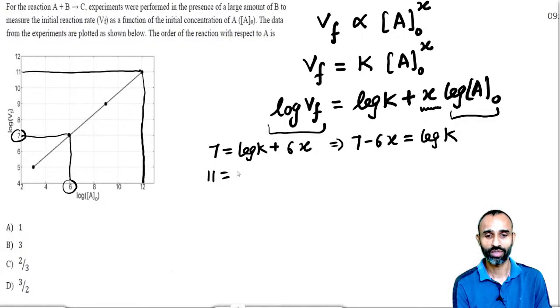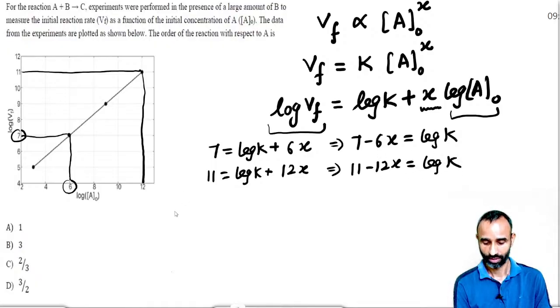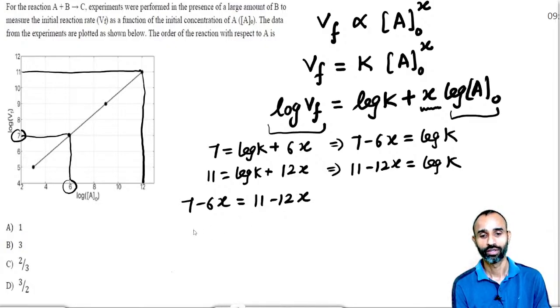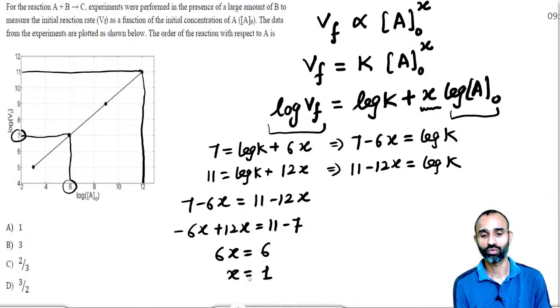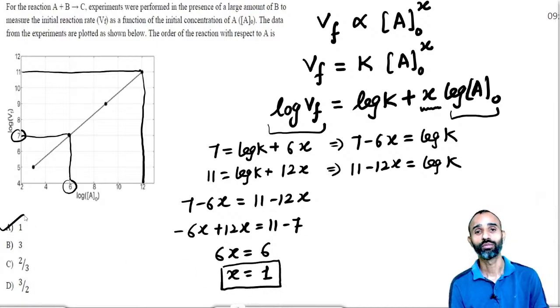So 11 equal to log K plus 12x. That implies 11 minus 12x equal to log K. So 7 minus 6x equal to 11 minus 12x. Minus 6x plus 12x equal to 11 minus 7. That means 6x equal to 6, so x comes out to be 1. Option A is correct.